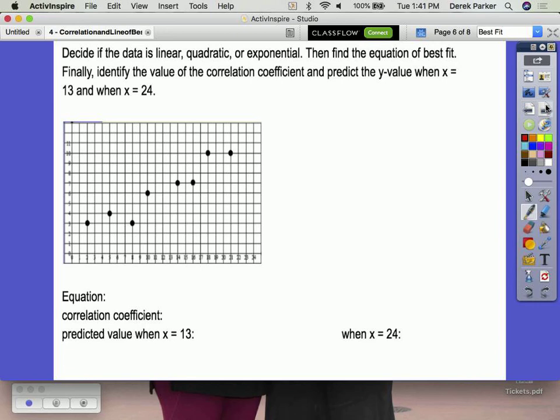Okay, once you have done that, you should be using 2, 5, 8, 10, 14, 16, 18, 21 in list 1. List 2 is 3, 4, 3, 6, 7, 7, 10, 10, and that's it.